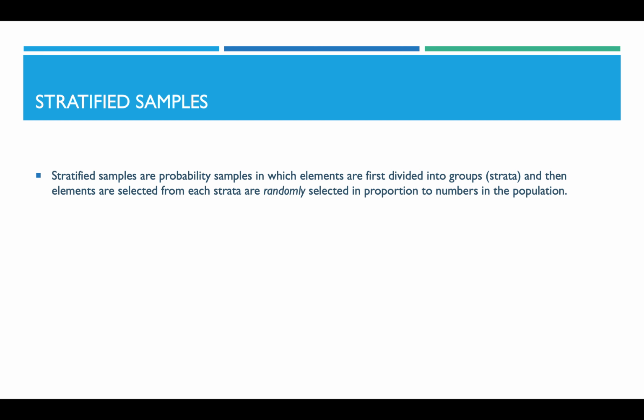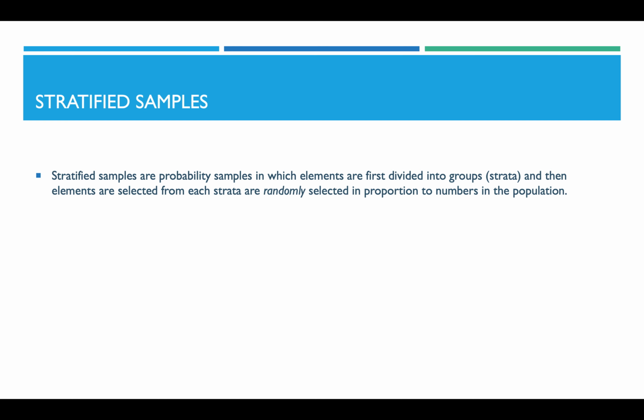The way these work is, they're still probability samples, but what we do is we take all of the elements in our population and we divide them into some sort of group, what we call strata. So say for instance, we want our sample to be representative of race based on whatever racial categories are included in the census.